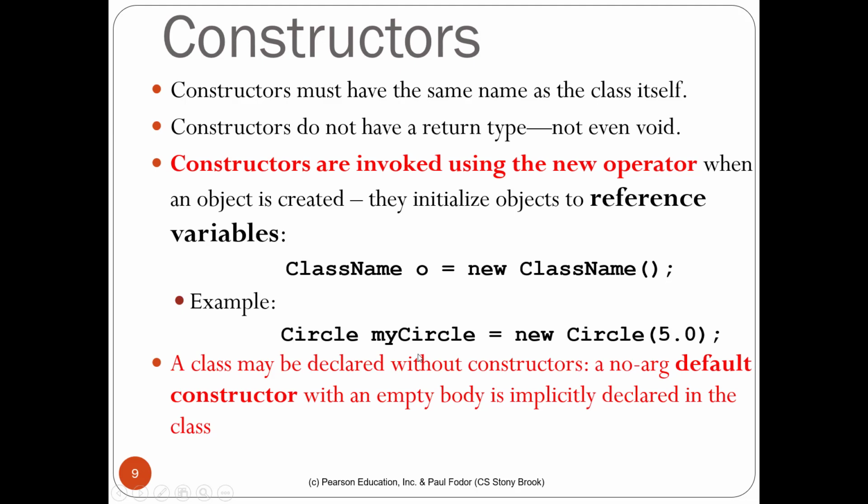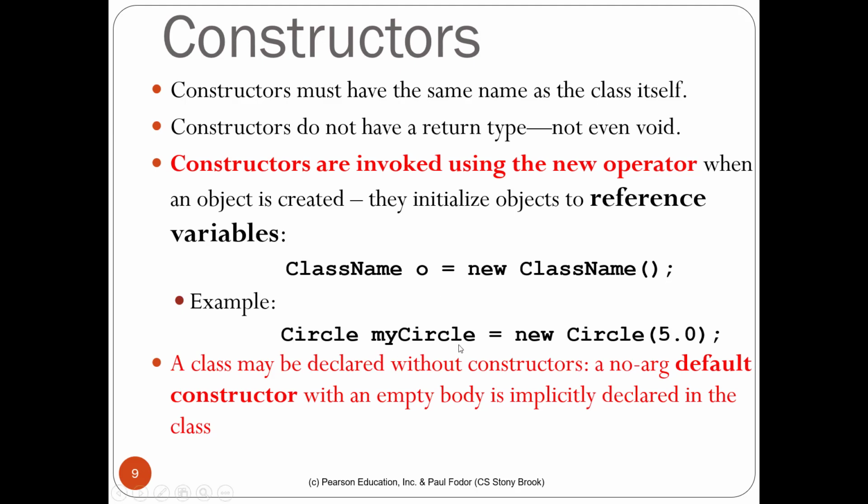myCircle is the object that you created, and it is also called the reference variable. So we actually have 2 or 3 names for an object, so you should keep that in mind. I can call myCircle an object. I can also call myCircle an instance of the Circle class. I can also call myCircle a reference variable. These are 3 things which you need to understand, and all of them mean the same.